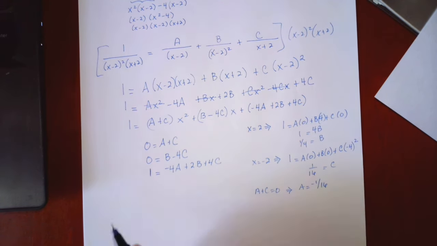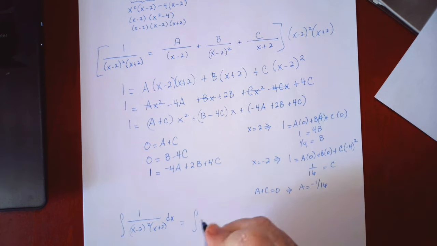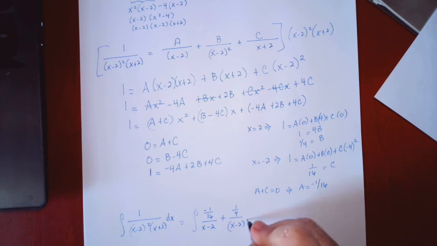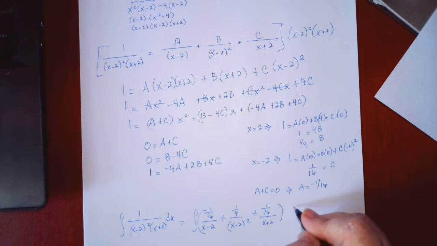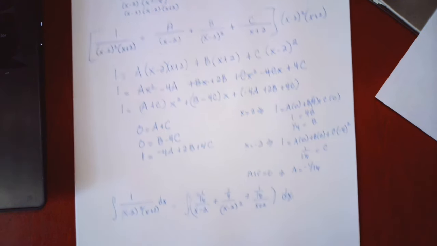So our integral would become the integral of a over x minus 2 plus b over x minus 2 squared plus c over x plus 2 dx.